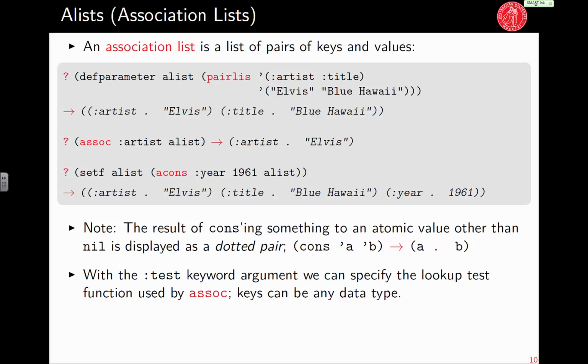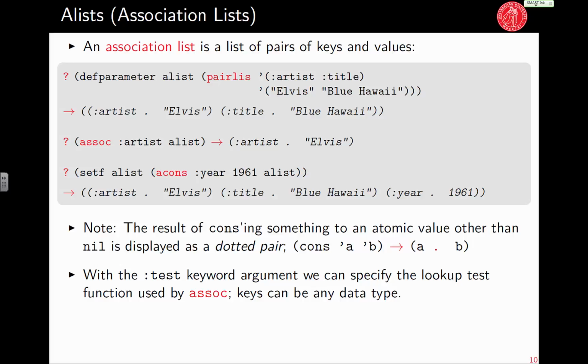So you might think that doesn't sound very efficient. As with most of the built-in functions, I can parameterize assoc and give it a test to apply in comparing the keys.